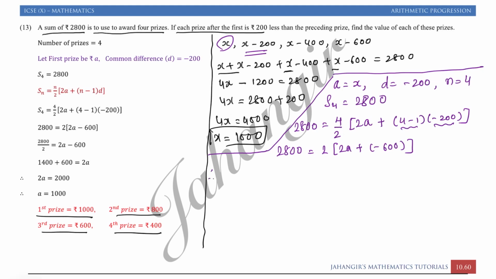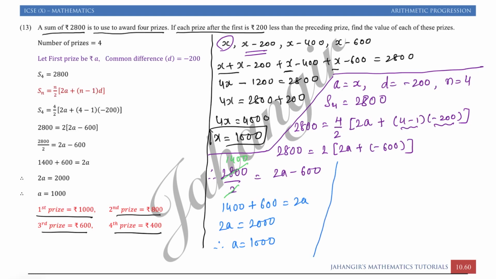So therefore 2800 divided by 2 is equal to 2a minus 600. Cancelling out you will get 1400. So we can write 1400 plus 600 is equal to 2a. So therefore 2a is equal to 2000. So therefore a is equal to 1000. So therefore we can say first price is equal to rupees 1000.